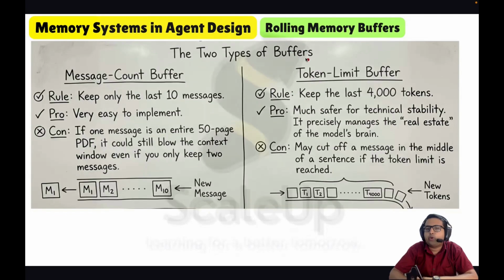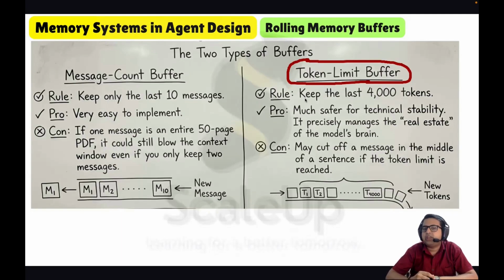Similarly, we have the token limit buffer. We are discussing the two types of buffers. The token limit buffer is one kind of rolling memory buffer. In the token limit buffer, we decide the flushing based on the number of tokens.